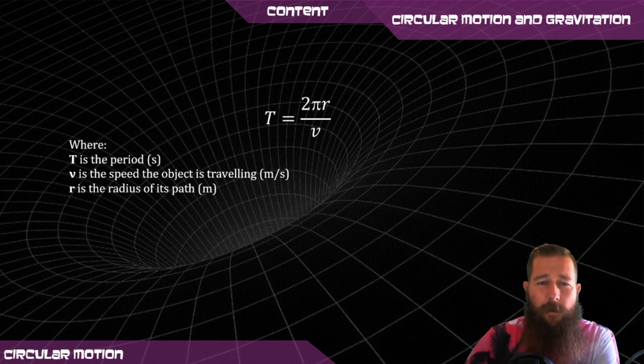If you analyze this equation a little bit further, what we have is the period here being time. We denote period with a capital T. The numerator in this equation is distance, and the denominator is velocity. So this equation is derived from our original projectile motion equations, however applied in a uniform circular motion scenario.